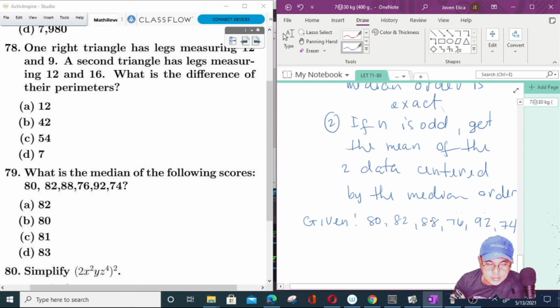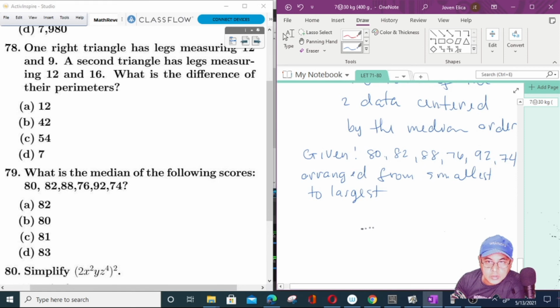These are the data set. So we're going to arrange from smallest to largest value.